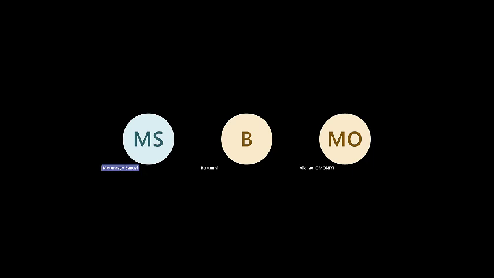AWS offers both relational and non-relational database. For today, we'll be focusing on the relational database, but we're going to go over both RDS, which is relational database, and other NoSQL databases. The first one I'm starting with is the Amazon RDS. That is the one I'm going to be working with today.